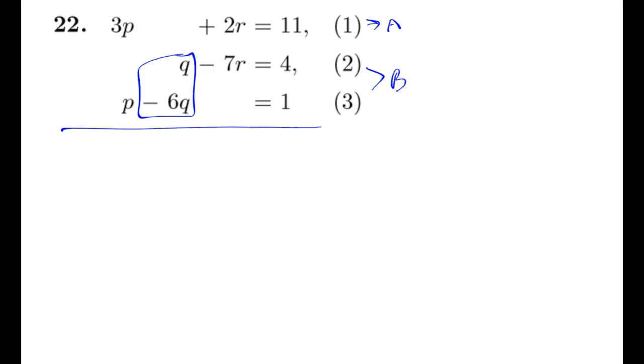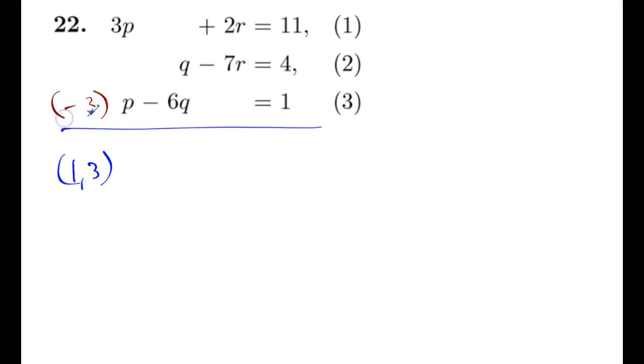But maybe the easiest thing to do is eliminate the p, because here I'd have to multiply through by 6. If I eliminate the p using lines 1 and 3, I only have to multiply the third row by -3, which was smaller than the 6. So I always try to use small numbers.